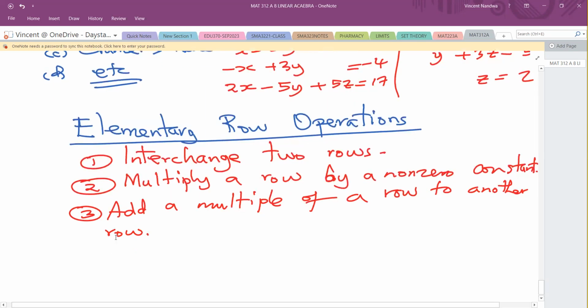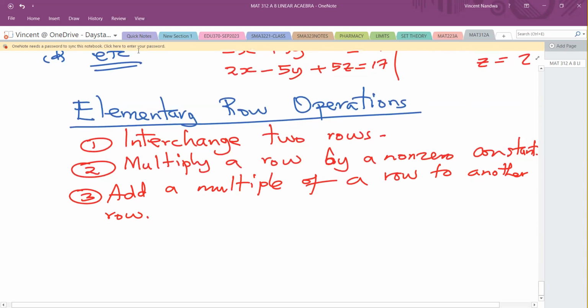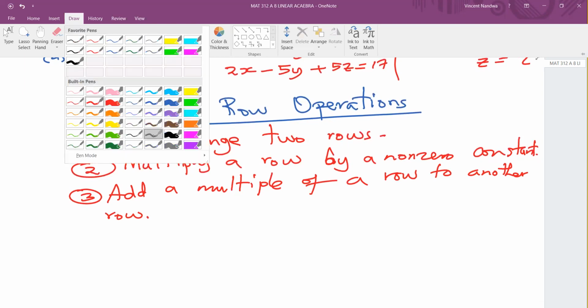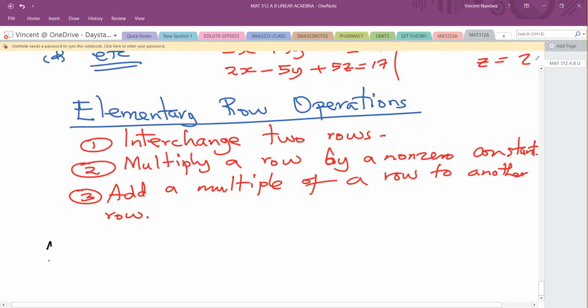So these operations will help us to generate what we call a row echelon form matrix.